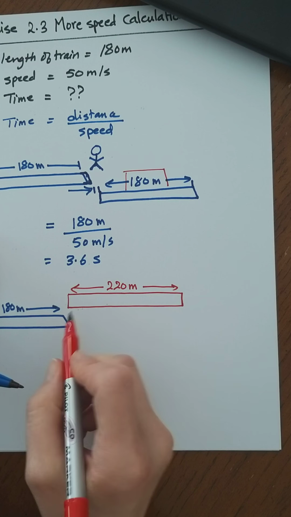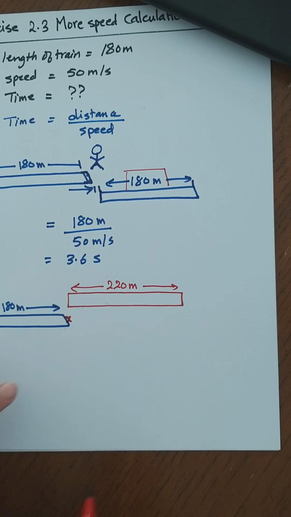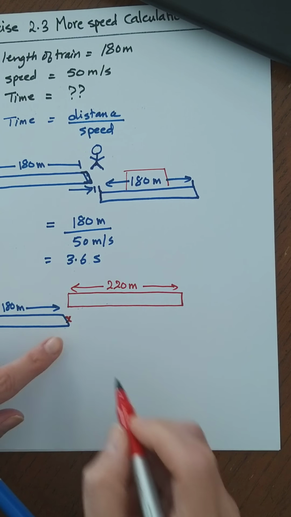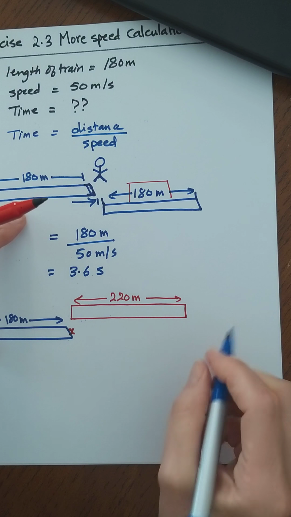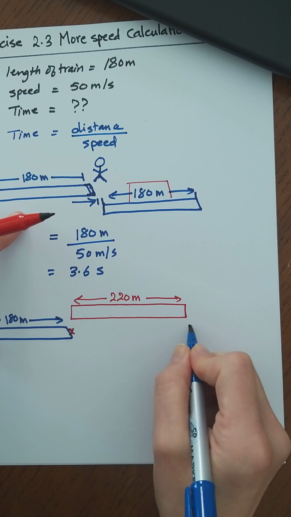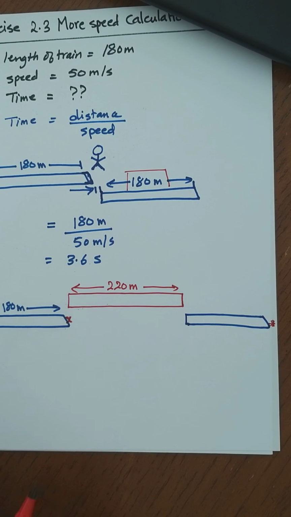So the train needs to start here at this point. It needs to cross the platform completely. So it has to be now in this situation here. This is the end of the train. It's passing completely by the platform. So it stops here. This is the distance that we need to know.